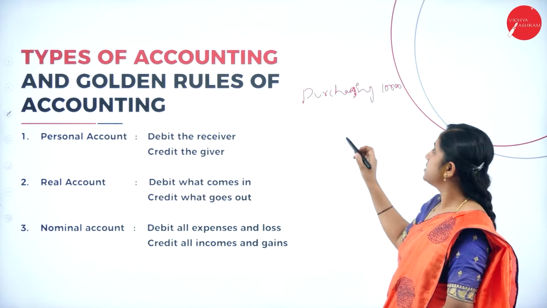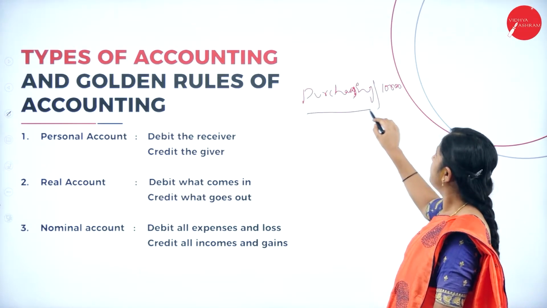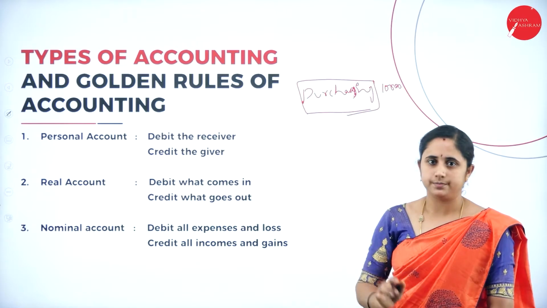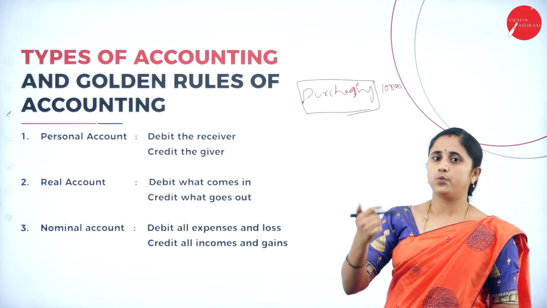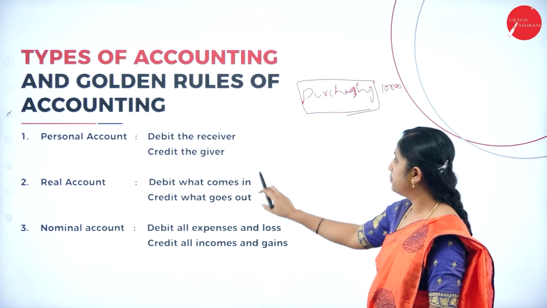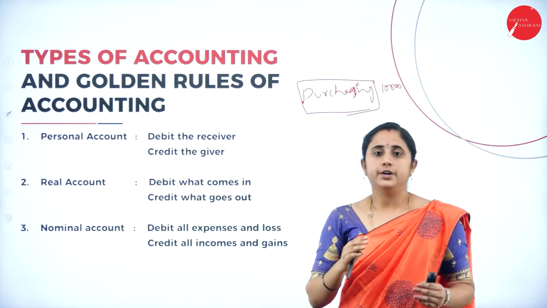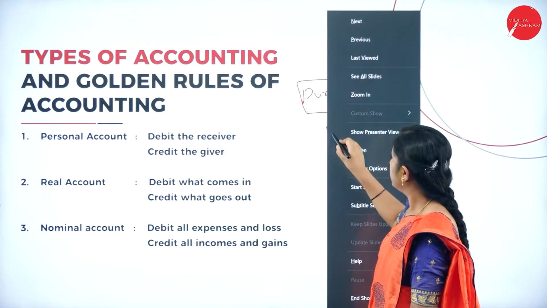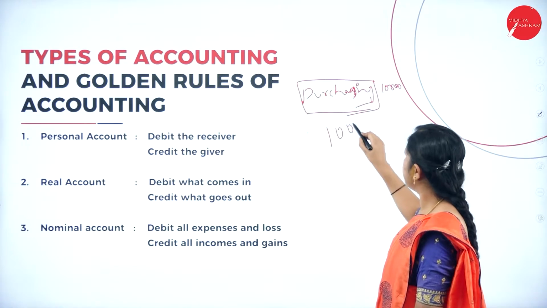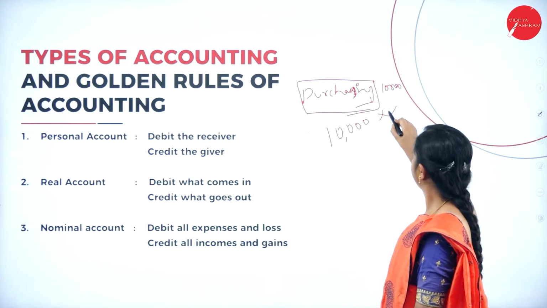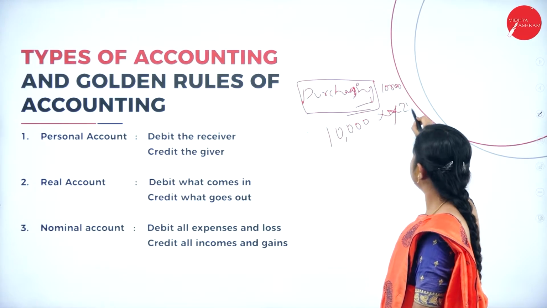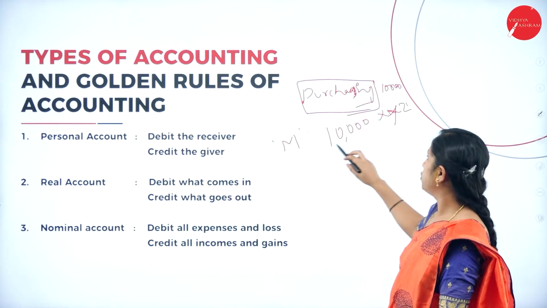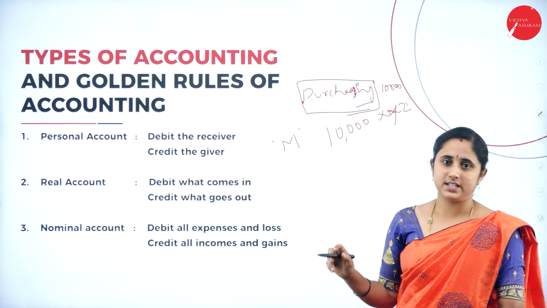You need to debit the purchase and credit the giver. Who is giving or what is going out, that should be credited. For example, M is giving rupees 10,000 to XYZ.